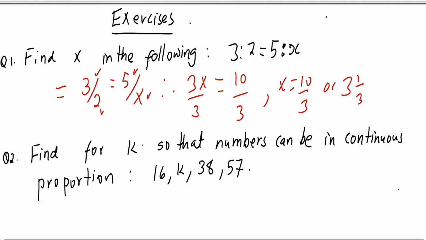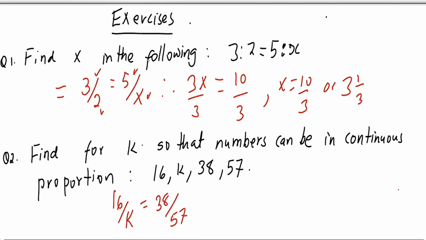So let's go to the second question. Find k so that the numbers are in continuous proportion, which is 16, k, 38, 57. So the same thing, 16 over k, which is equal to 38 over 57. It's not that hard.